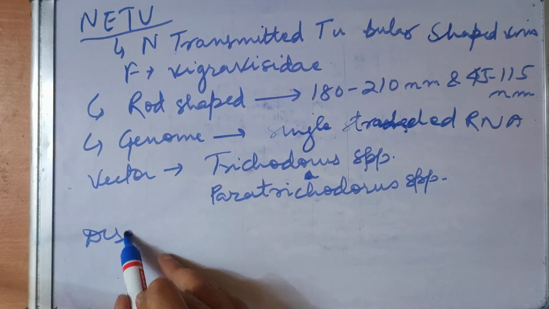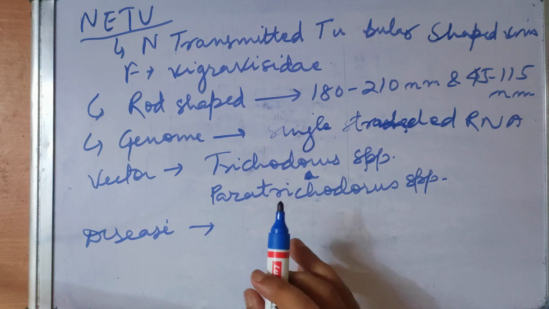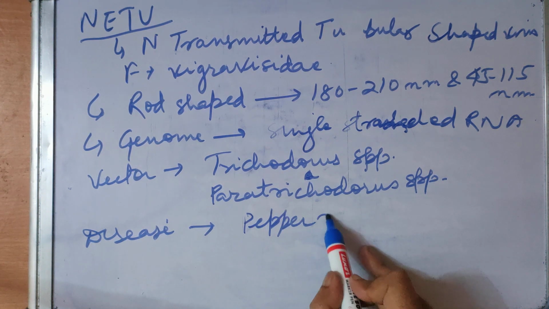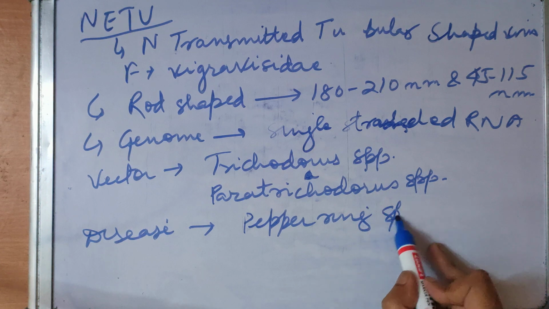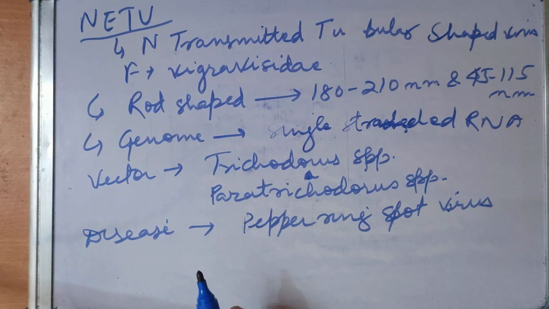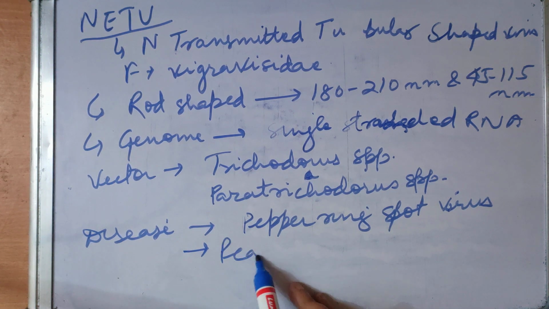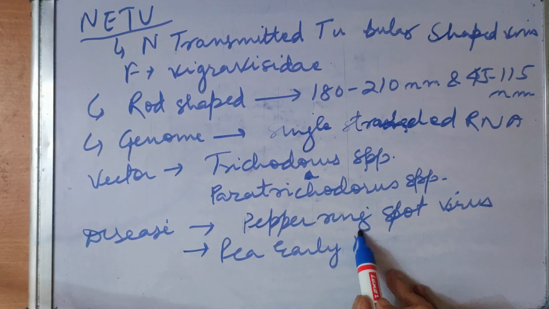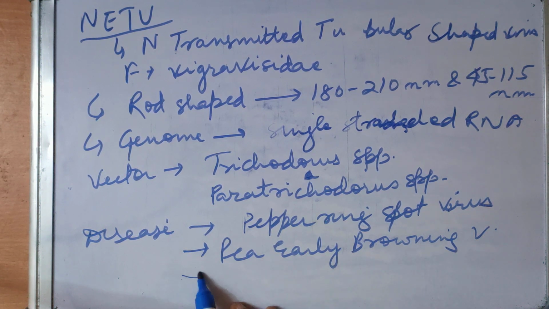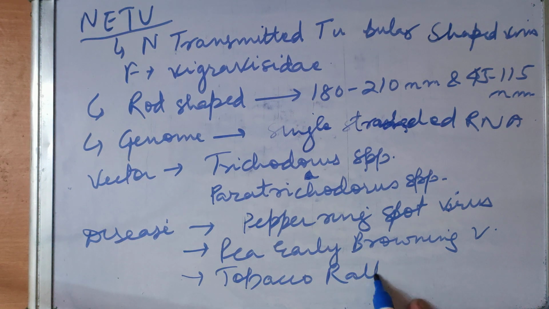Diseases caused are pea early browning virus and tobacco rattle virus. So this was about NEPO and NETU.